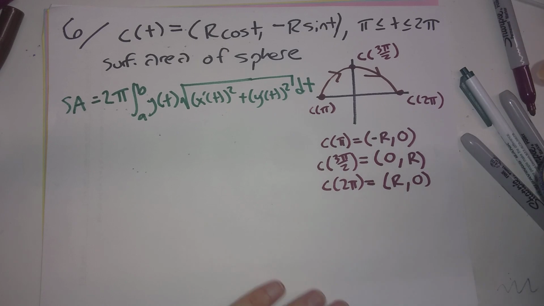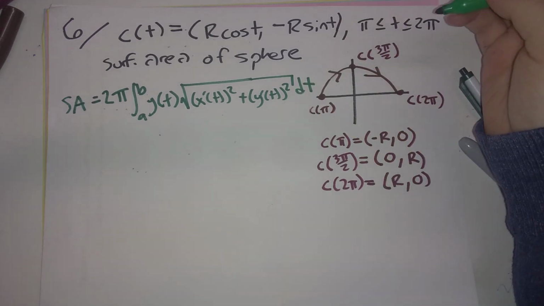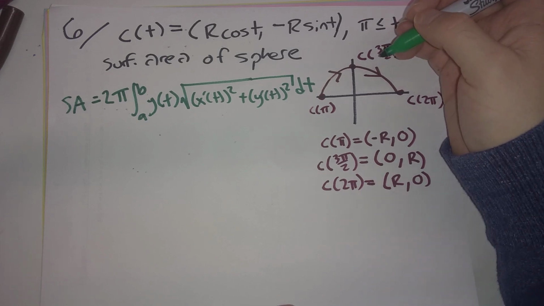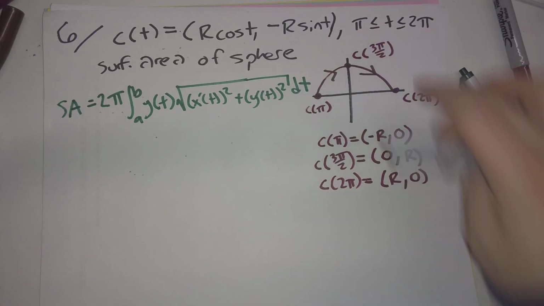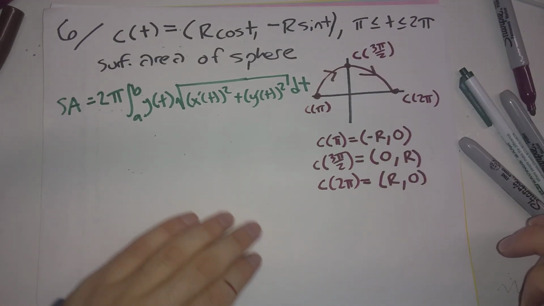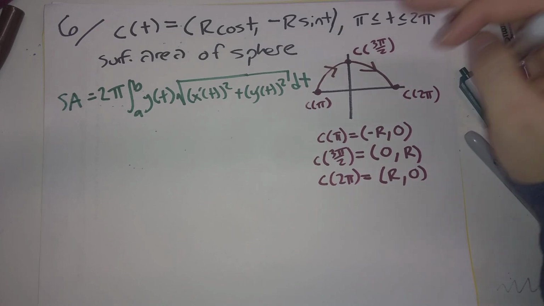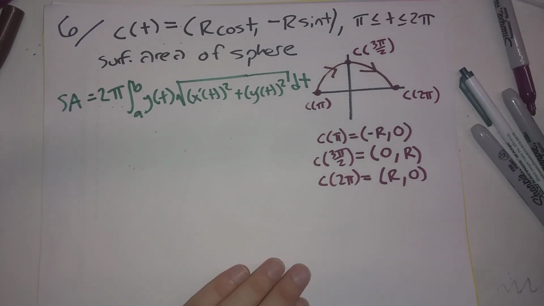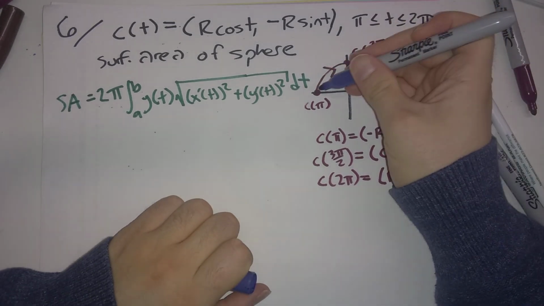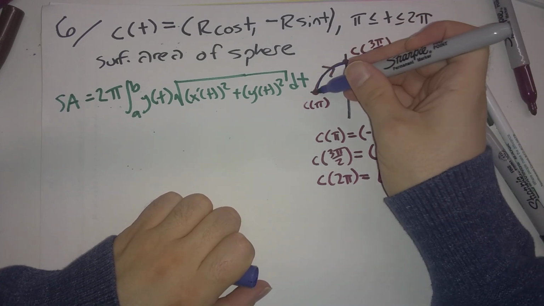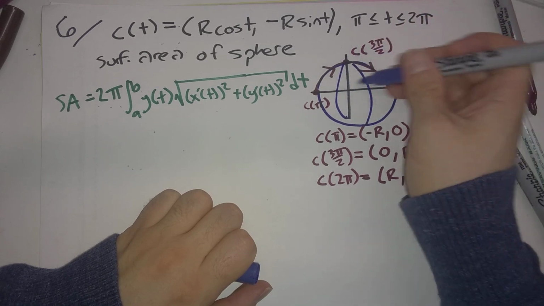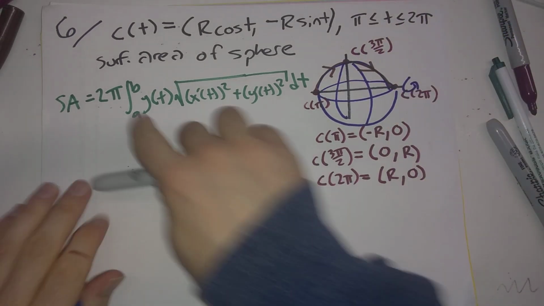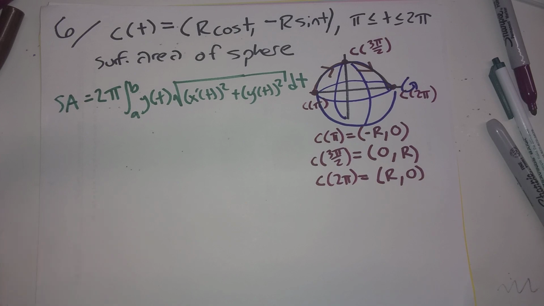It is. We drew that picture to check that. X of t is an increasing function. It is, in that case, r cosine t is increasing from pi to 2 pi. So this is all checking out. Y prime of t and x prime of t are both continuous. We're going to revolve this semicircle around the x-axis, and that's going to give us a sphere, and here's the surface area of the sphere.